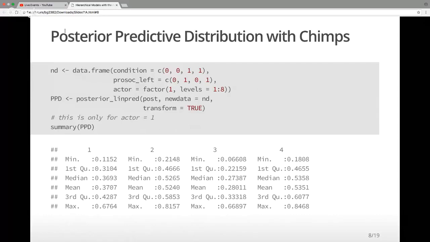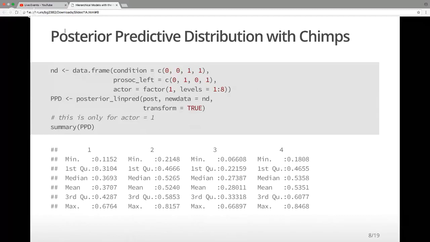So in both scenario 3 and 4, condition is 1, whatever that means. I think it means the other chimpanzee is at the other side of the table. And then are the 2 plates of food on the left or on the right? Left if it's 1, 0 if it's right. And so the probability that the chimp in that situation pulls the lever on the left, the median and the mean are up above 0.5.